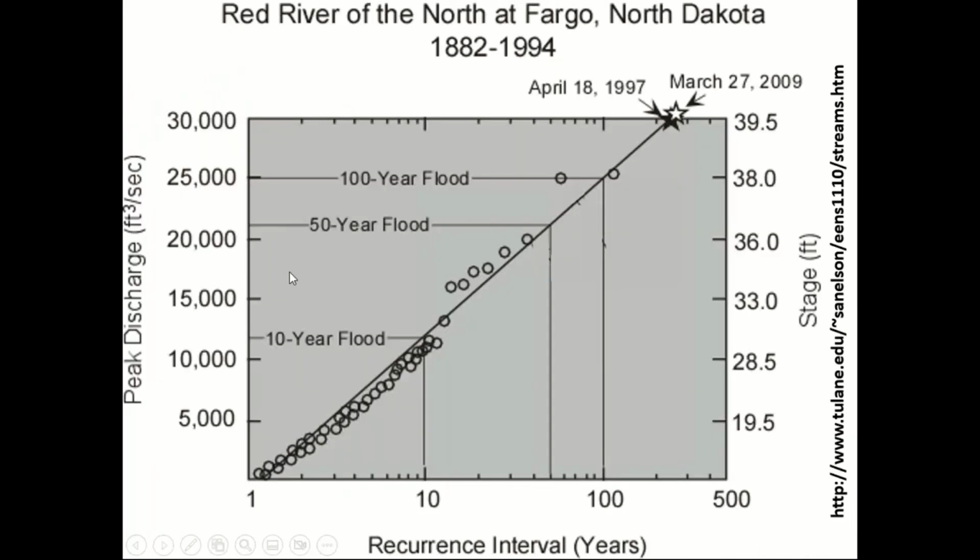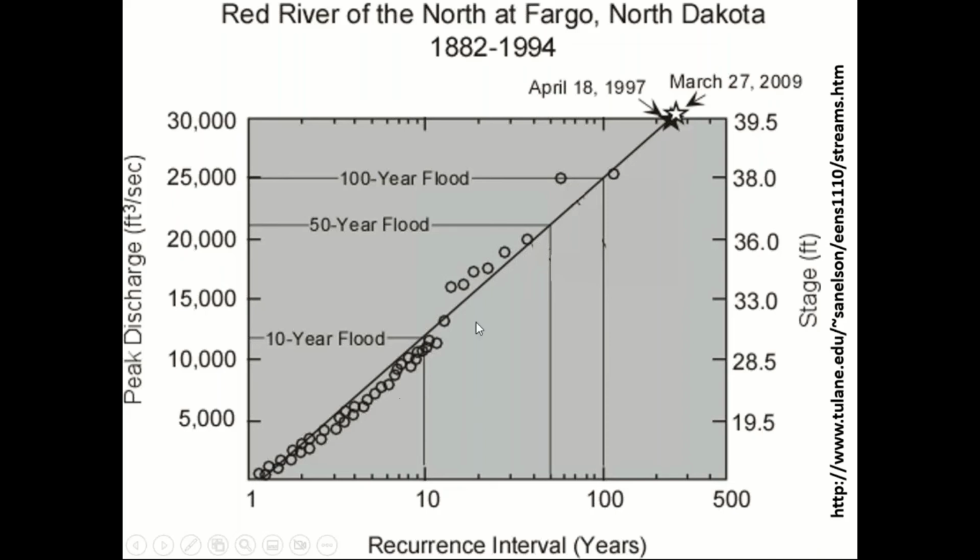In the real world, it's interesting to see. This is an example of the Red River of the North in North Dakota. On the y-axis we have the peak discharge, the maximum discharge here, and on the x-axis we have how many years that amount of discharge reoccurs.